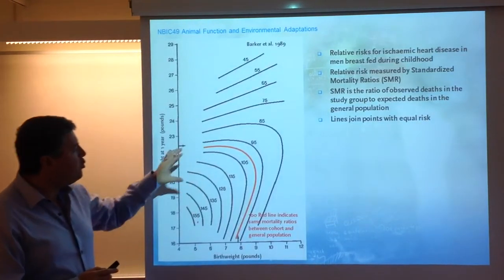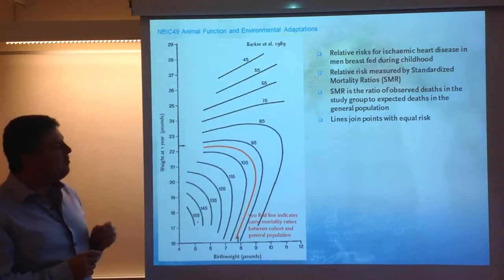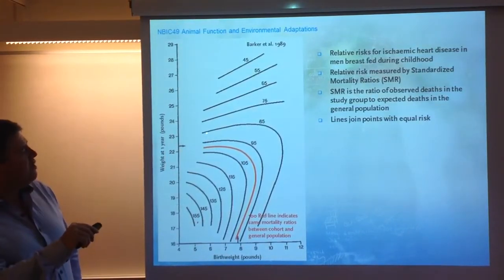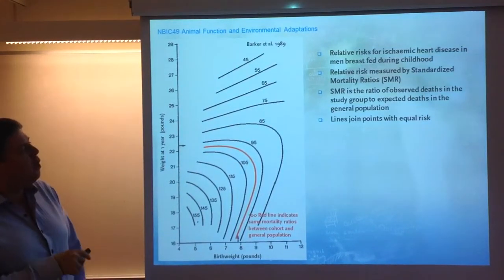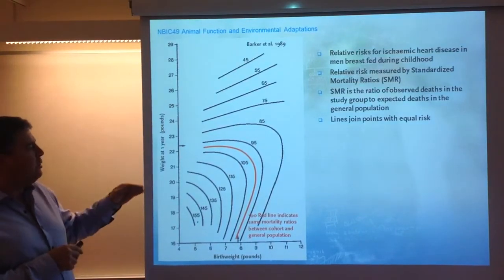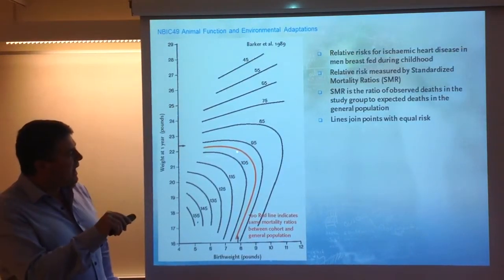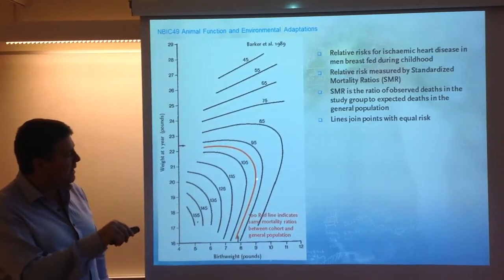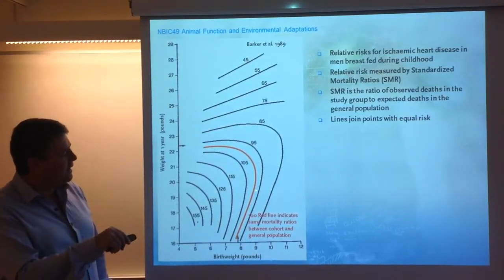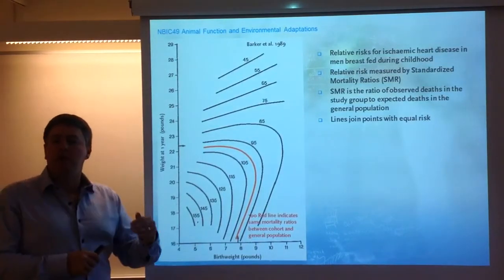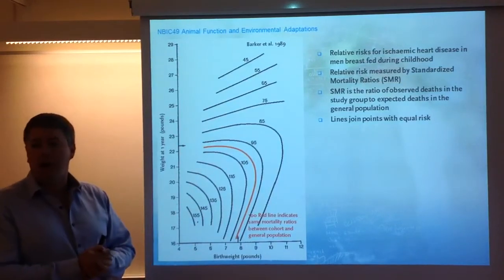In this graph you see the results: lines joining points of equal risk, and in between I've drawn the line of 100%. This is the line that would correspond to the average in the whole country.